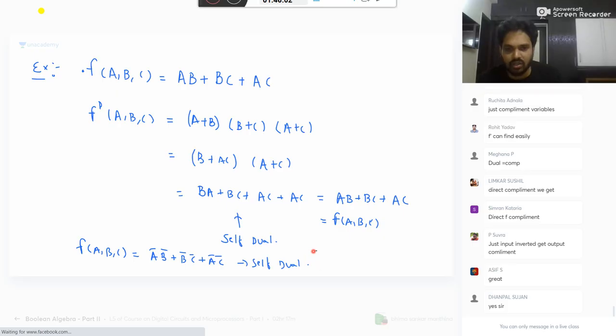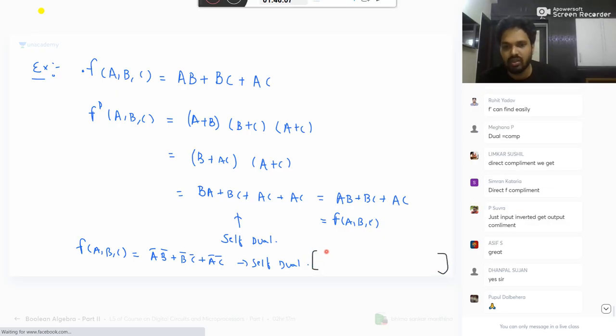Here one point I want to give you. I will give some time, maybe 2 days time or up to tomorrow. You prove it with n variables. I want to prove there are 2 power n minus 1 self-duals.